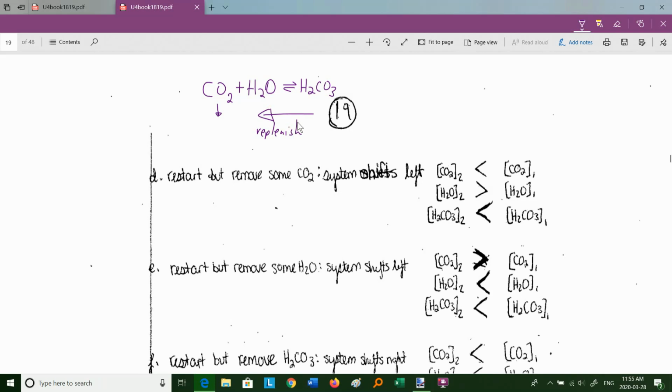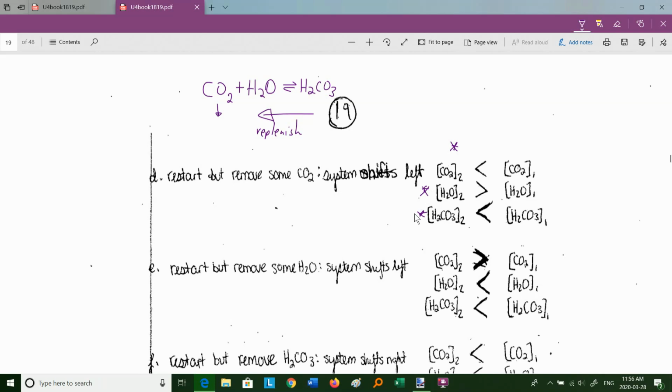So the new CO2 concentration is less than the initial. It might be slightly less, but it's less than when equilibrium is reestablished. The H2O is more because I didn't take any of the H2O out, and the H2CO3 is less.